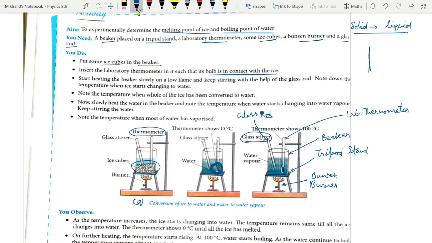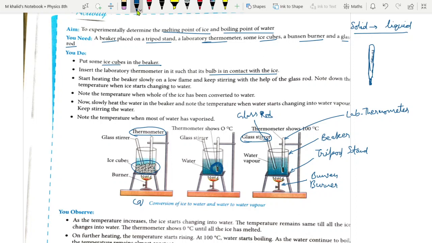Suppose that this is your thermometer. In this thermometer we have a small knob here. In this area we have filled the mercury that rises inside the thermometer, right? This is the thermometer.